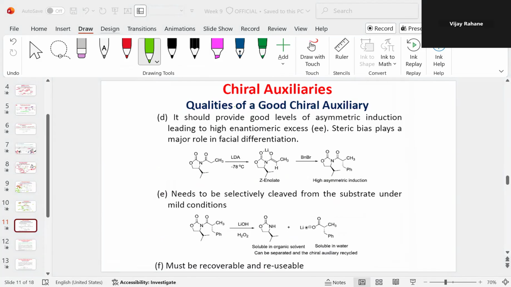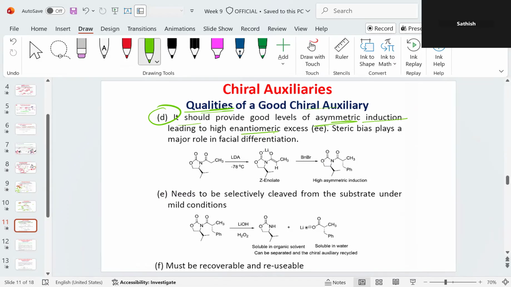So, the qualities of a good chiral auxiliary. Another important parameter is the quality of the chiral auxiliary. It should provide a good level of asymmetric induction, mainly in the form of enantiomeric excess.